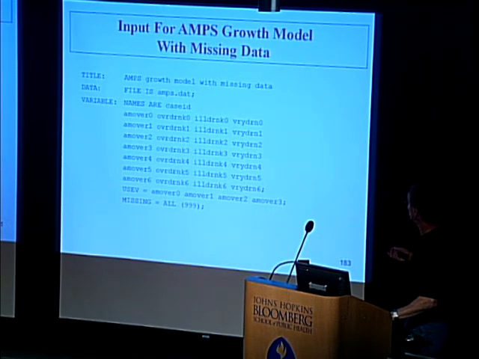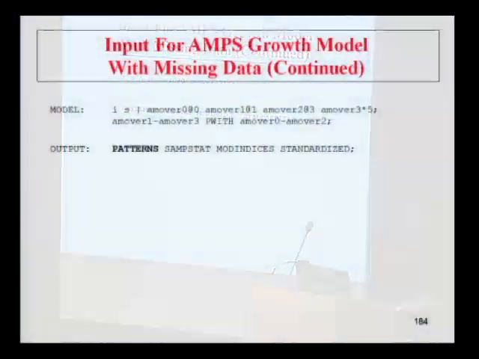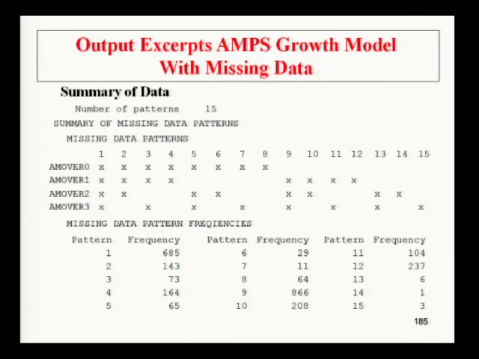We're going to do an analysis here where we do a growth model. And we're going to ask for patterns of missingness. That output option is quite useful. You can even use it when you do a type equals basic analysis before you do the growth modeling. And here's what it says. Slide 185.